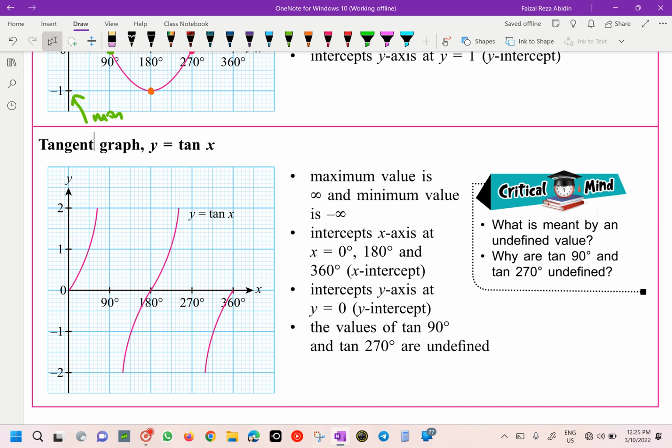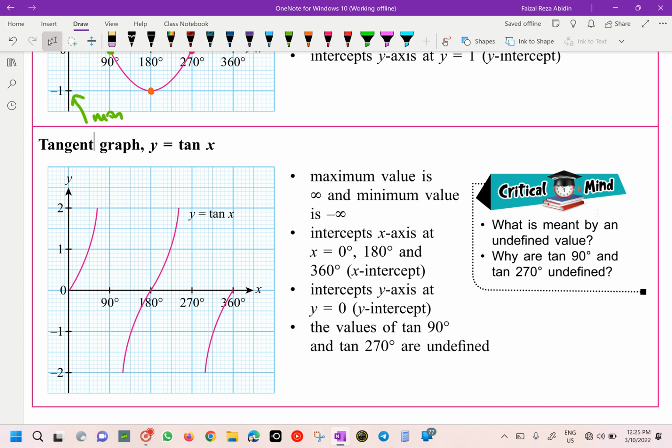Math error, isn't it? That one is going to be undefined. It's going to be infinity. No value. We don't have any value in that one. So that's why, if you look at the graph here, there is no intercept at 90 degree over here.